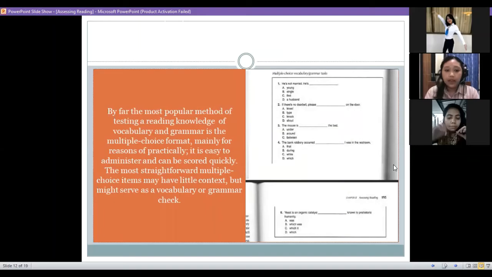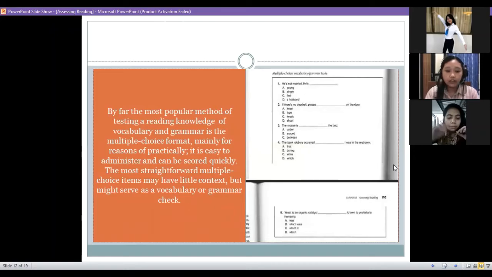And then, by far the most popular method of testing reading knowledge of vocabulary and grammar is the multiple choice format, mainly for practical reasons: it's easy to administer and can be scored quickly.